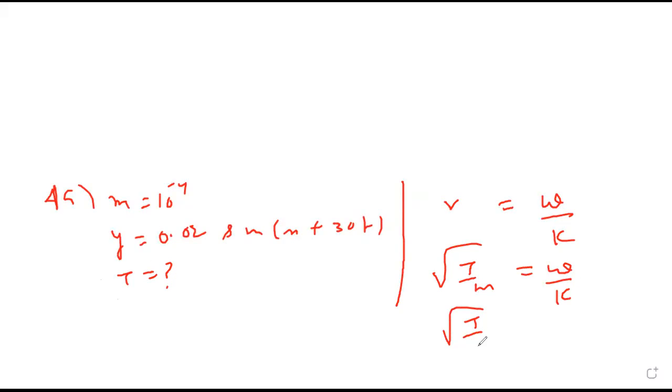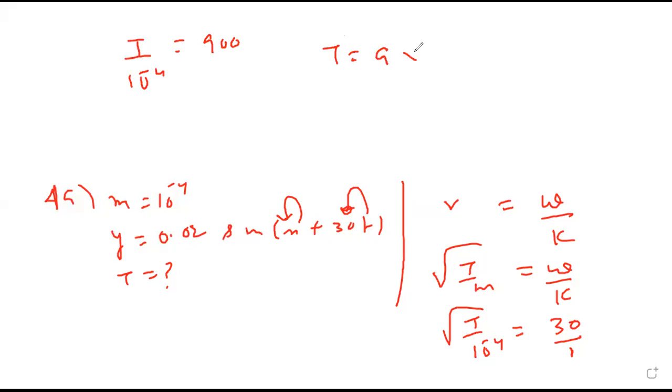T we have to calculate, m is 10 raised to minus 4. Omega is the coefficient of t, which is 30. k is the coefficient of x, which is 1. So when I square, it will become 900. So tension is 9 into 10 raised to minus 2, which is 0.09 Newton, option A.